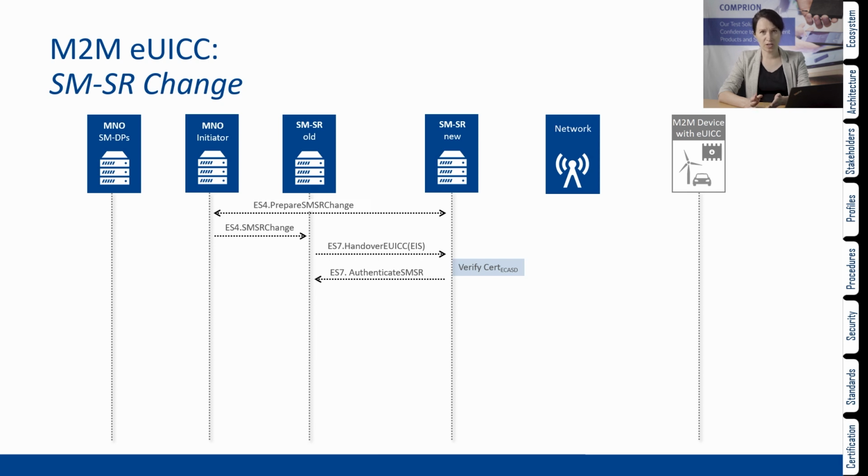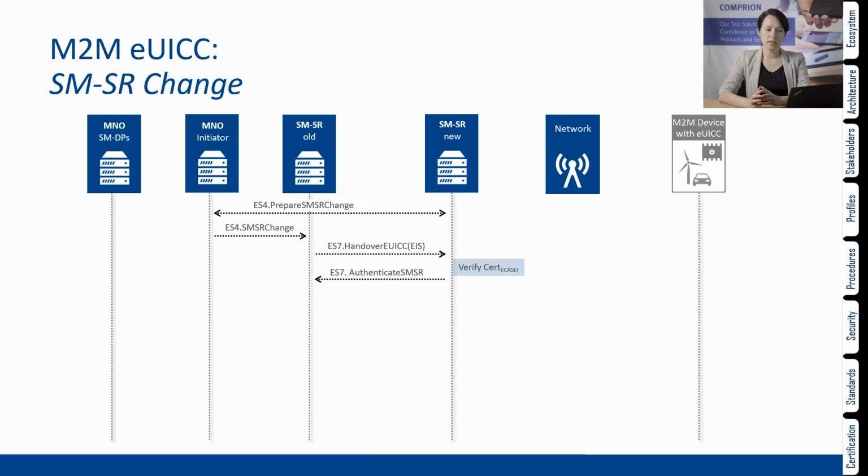The EUSSC information set, as you remember, contains the certificate of the EUSSC, or the ECASD certificate. And at least this certificate will then be known to the SMSR, which is quite important, because then it can be used for the cryptographic parts.